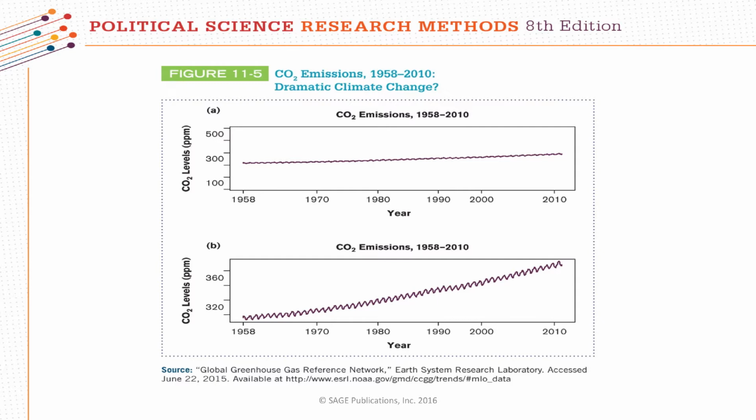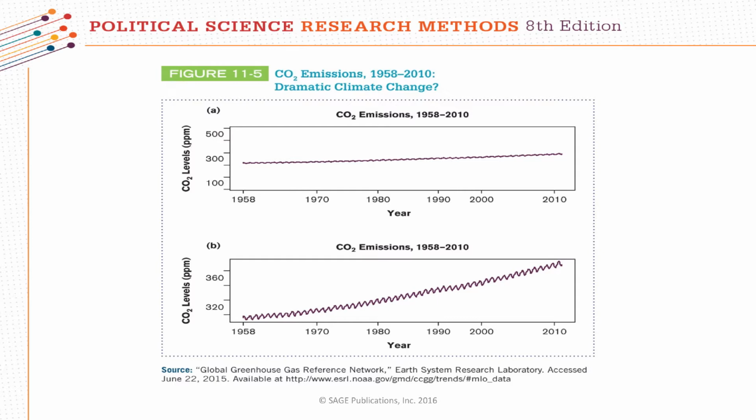So here we have two graphs that demonstrate the distribution of CO2 emissions from 1958 to 2010. And the question is, do these graphs demonstrate dramatic climate change from 1958 to 2010? Well, it's a very good question. And so numerically, we could look at this numerically, and you might have some answer or another.